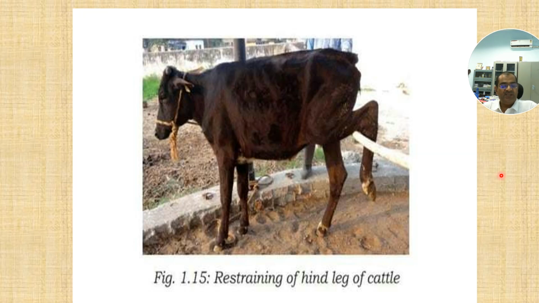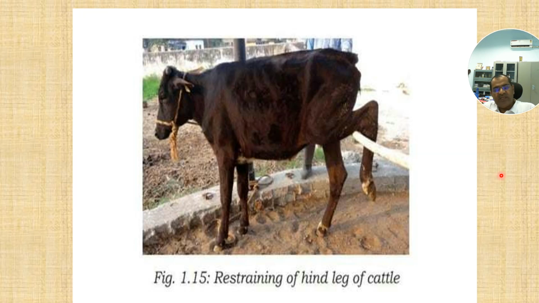Then here it is the restraining of the hind leg of the cattle using a rod, maybe a rod made of wood. So this can be used and passed simply as shown in this particular photo, so that the animal cannot kick further because one leg is holding the weight and the other leg is lifted up.